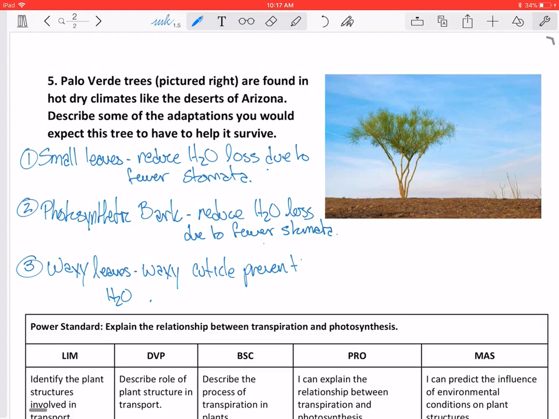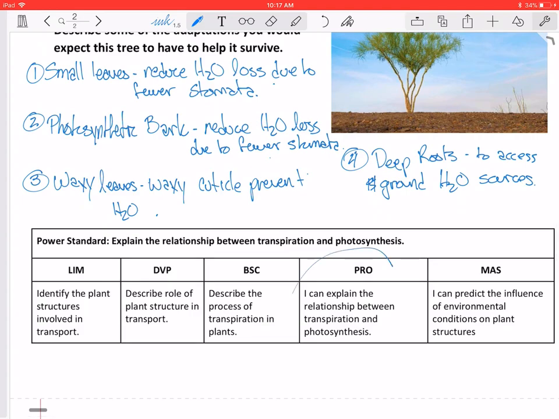And then finally, a 4th option here, you could have talked about having deep roots to access groundwater sources.